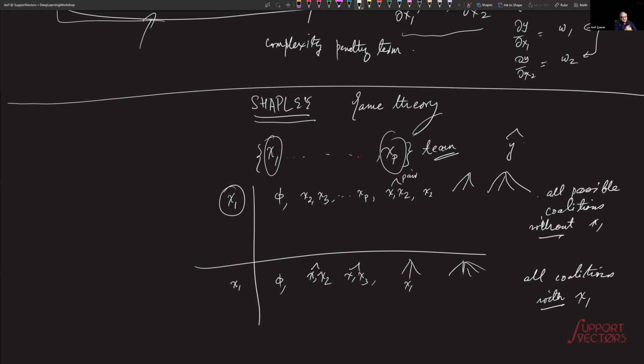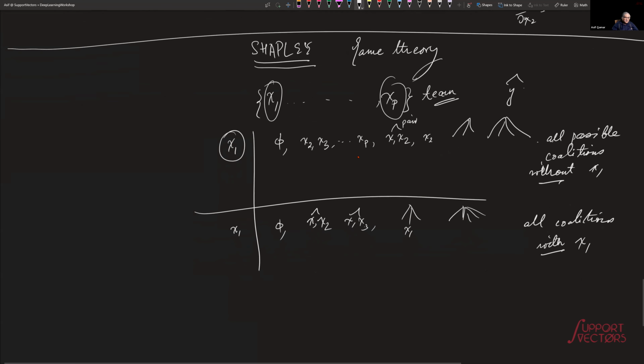And now do this. In our game, we are looking at a very simple thing: the accuracy, or pick your metric. It's your accuracy of the model, your R squared for regression, whatever it is, some model performance. And ask this question: for each coalition, what is the difference between a model with X1 and a model identical to it without X1?